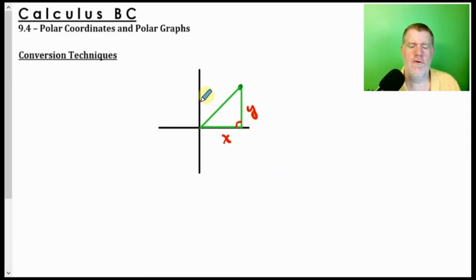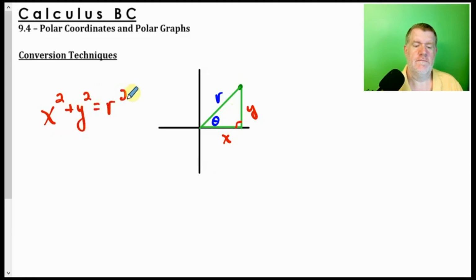We also know that this is an angle and that is the radius of that triangle. So in polar coordinates, we're just a radius and an angle. Rectangular coordinates are an x and a y. So what's the relationship among these? Well, one relationship is pretty obvious when you really look at it. We know that x squared plus y squared will equal r squared.